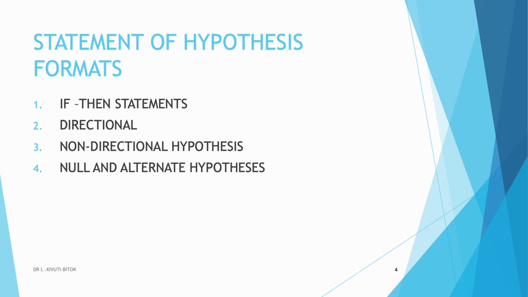Hypothesis can be stated in many formats. One is the if-then statement, two, directional, three, non-directional hypothesis, and then we have four, which is the null and alternate hypothesis. We'll take a moment and describe each of the four formats and see what they are all about.